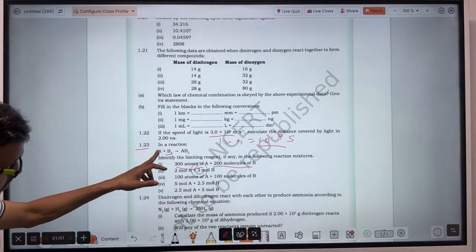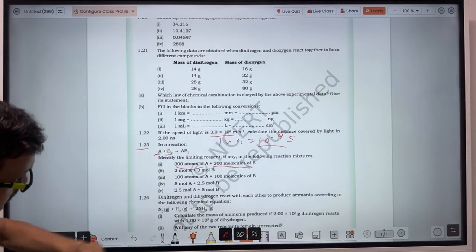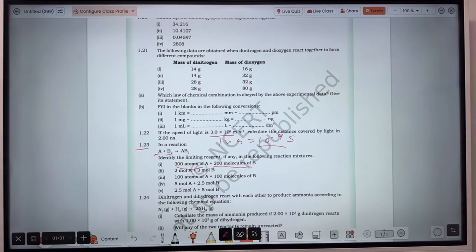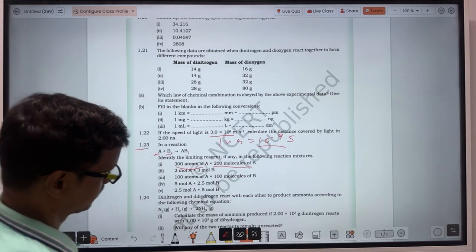So that means 300 atoms of A will combine with 300 molecules of B, but 300 molecules of B is not available. So that's why B is the limiting reagent.